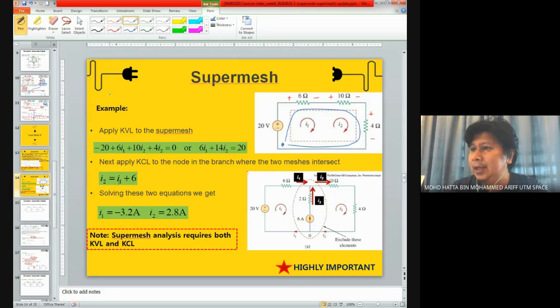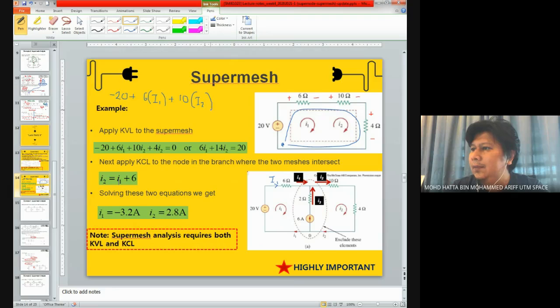In other words, I would have -20 plus 6 ohm times I1, because if you look at the original circuit, this is the mesh for I1, the current over here is I1, and then I have plus 10 times I2.